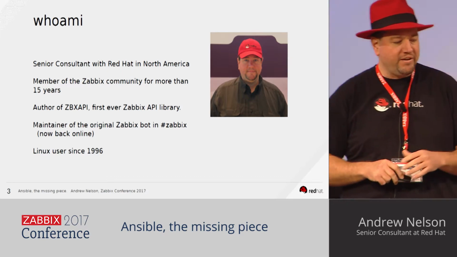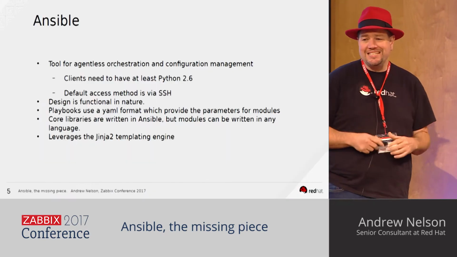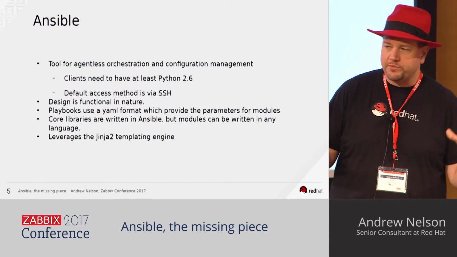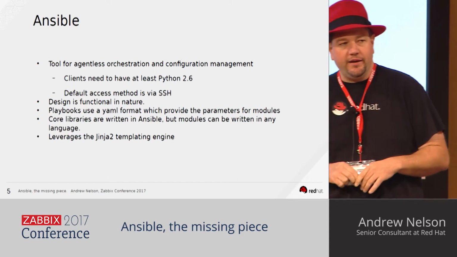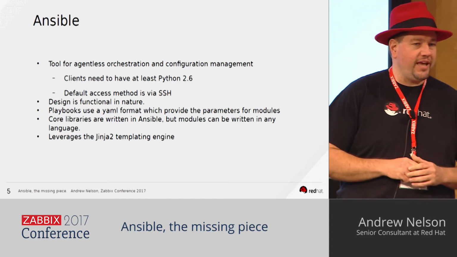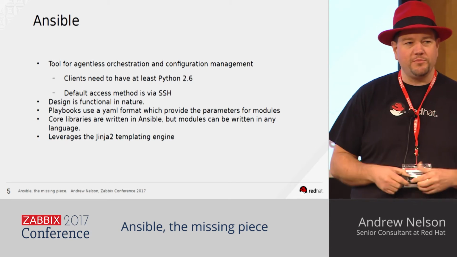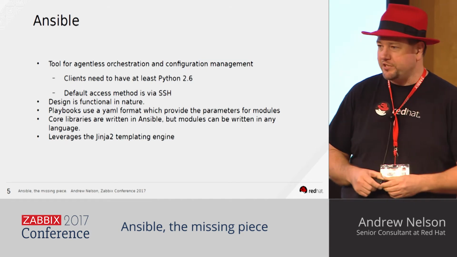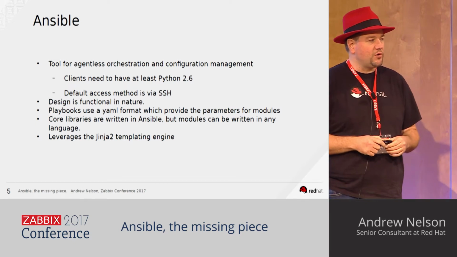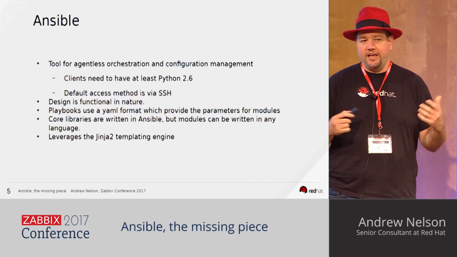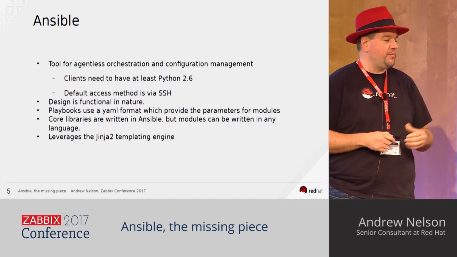So let's move into it. What is Ansible? Ansible is essentially an orchestration and configuration management solution. It is often said to be agentless. However, many people will say, hey, if I require something on the remote machine, then that's not truly agentless. Yes, it does have some requirements in terms of Python being on the remote client machine and that you have an access method to get into it.